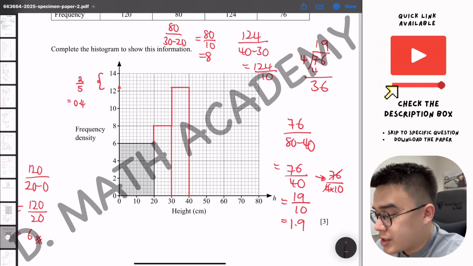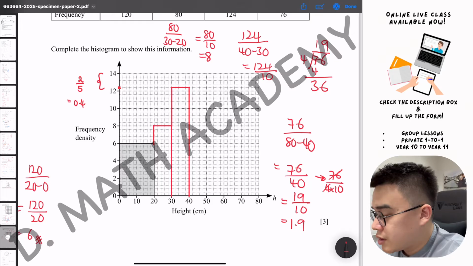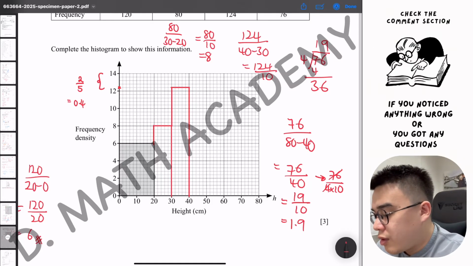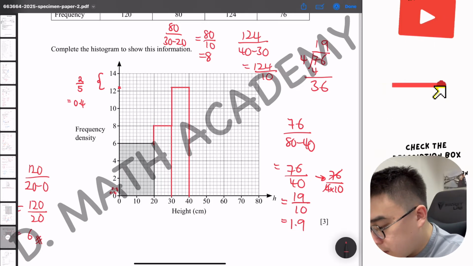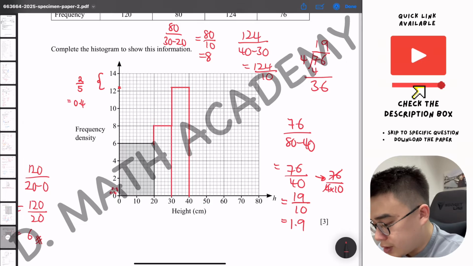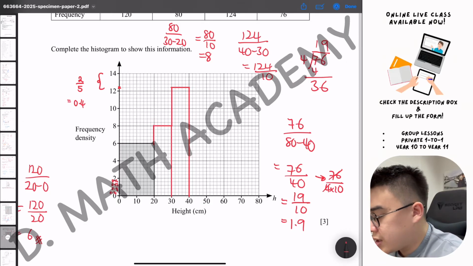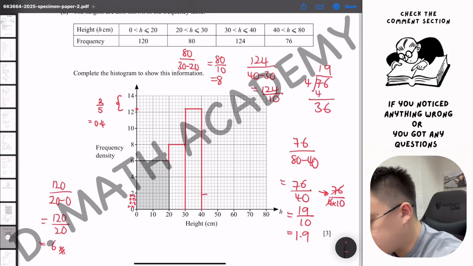So 1.9 is going to be a little bit tricky. How am I going to draw 1.9 now? 0.4, 0.8, 0.12, 0.16. It should be very, very close, but not touching 2.